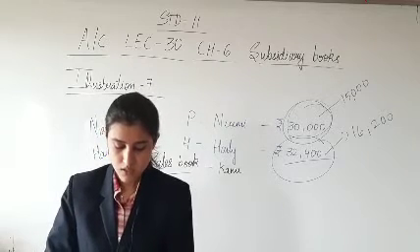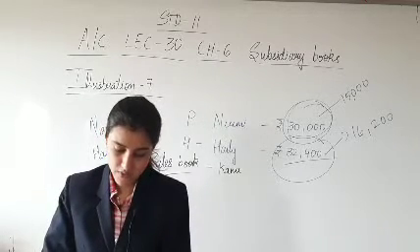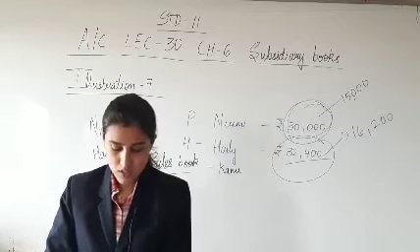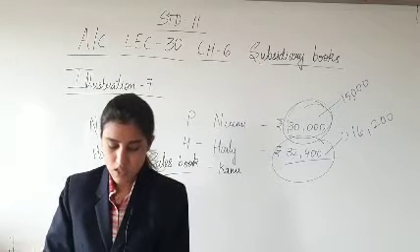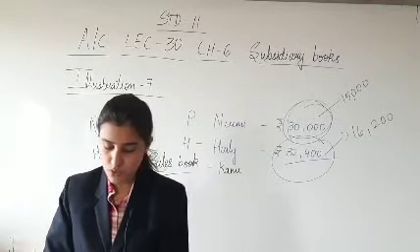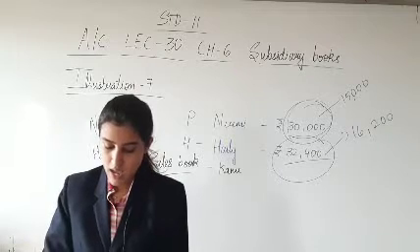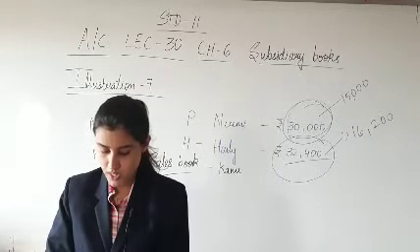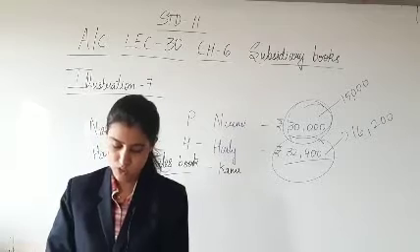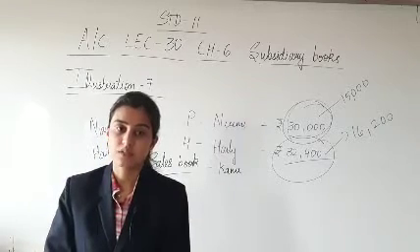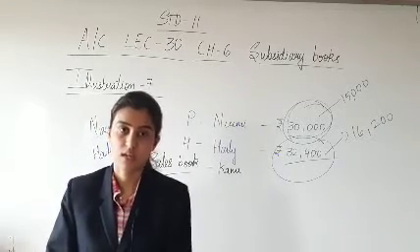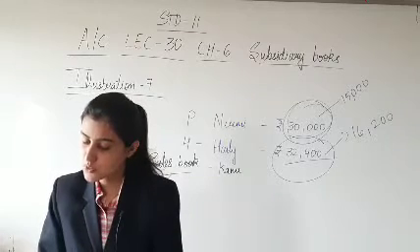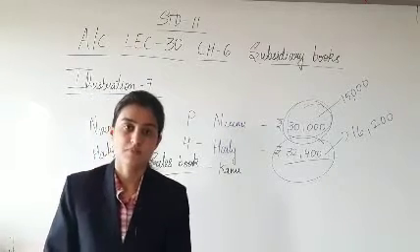Then the last transaction of illustration 7, 31st of January. Kannu returned half of the goods sold to him, and it was agreed to give rebate of carriage in proportion. Kannu has returned half of the goods. Kannu has purchased goods worth rupees 10,800.